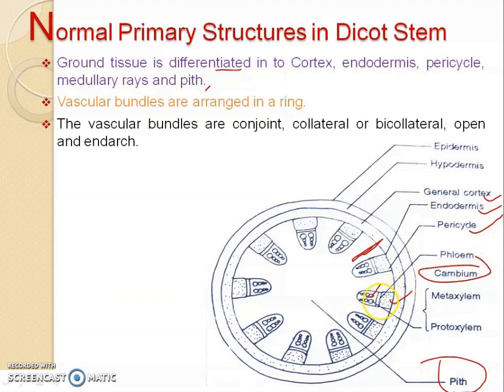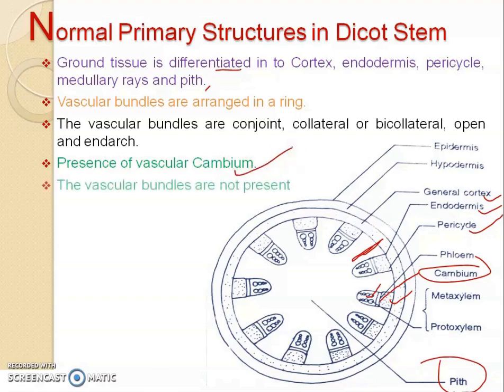So this is the cambium. Presence of vascular cambium is the characteristic feature of a dicot stem. Vascular bundles are not present in cortex and pith. So, this is a very important point.